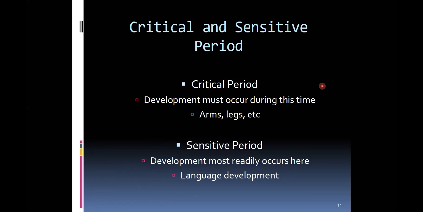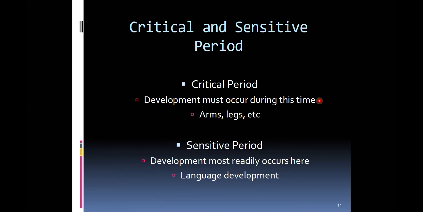So one of the things also that you're going to encounter repeatedly are developments that have either a critical or sensitive period. So critical period: this is a period of time in which a development must occur. If it does not occur within that window of time, then the development does not occur at all.